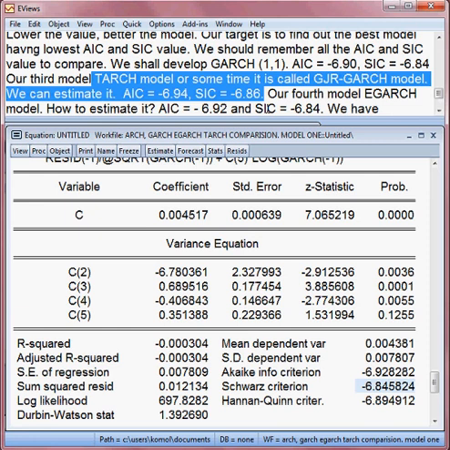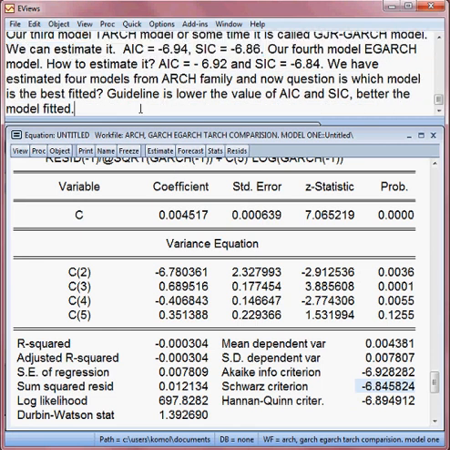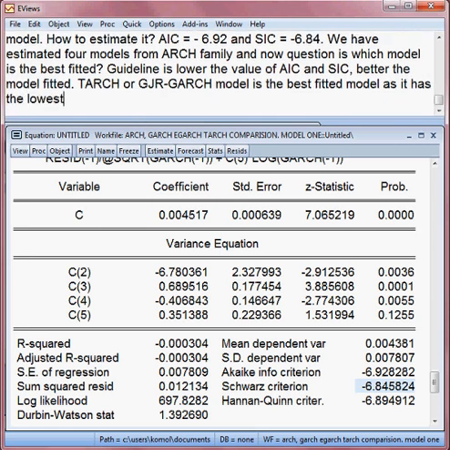So the TARCH model, or I can also call it the GJR GARCH model, is the best fitted model as it has the lowest value of AIC and SIC.